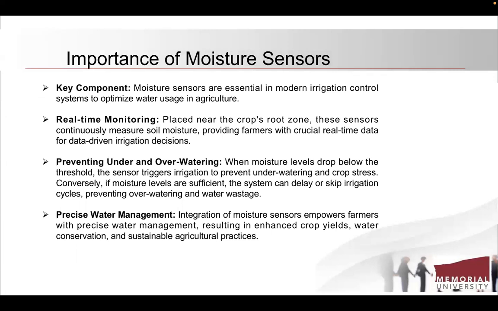So integrating moisture sensors empowers the farmer with precise water management, resulting in enhanced crop yields, water conservation, and sustainable agriculture practices. Real-time monitoring: moisture sensors are placed near the crops en route. These sensors continuously measure the soil moisture, providing farmers with crucial real-time data for data-driven irrigation decisions.